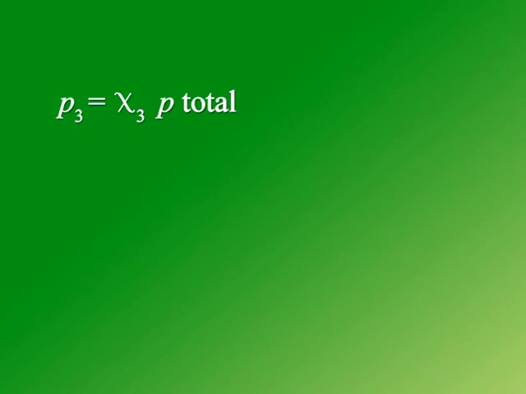Thus, a general equation can be written as Pi is equal to chi i P total, where Pi and chi i are the partial pressure and mole fraction of the ith gas respectively.